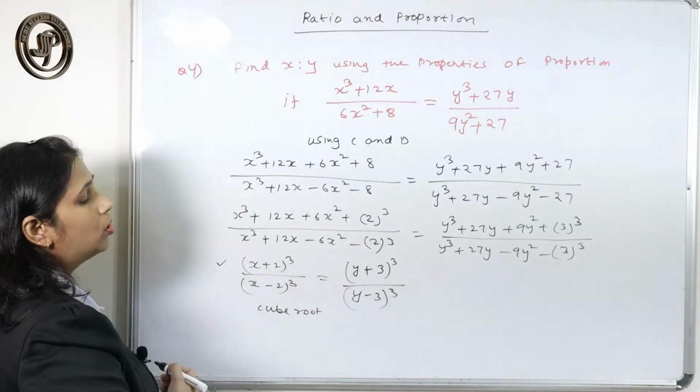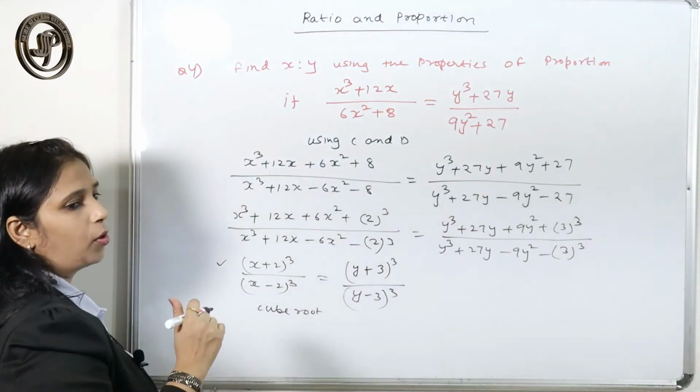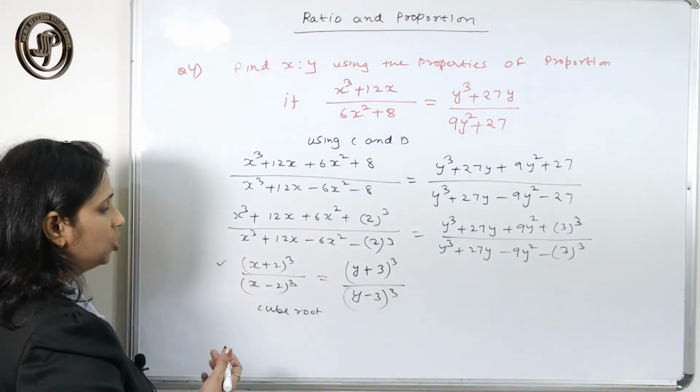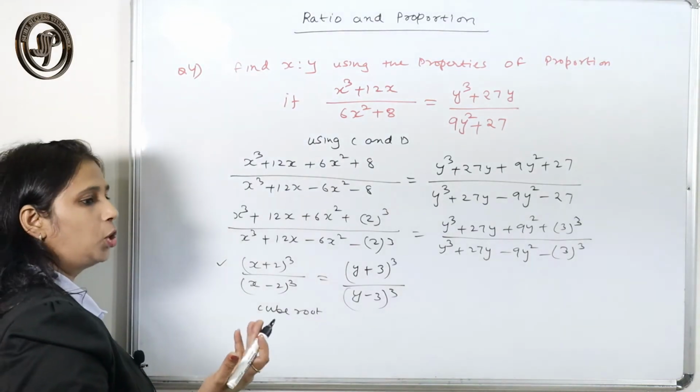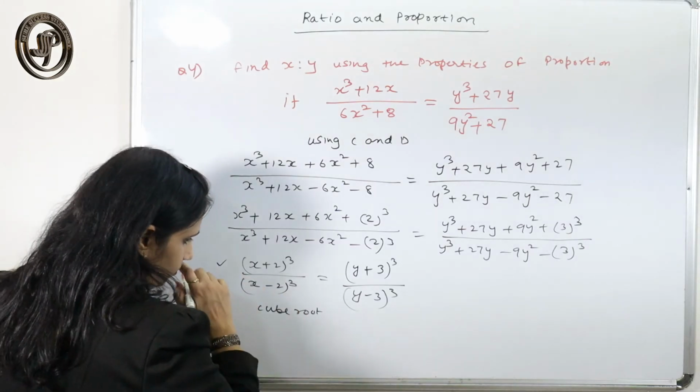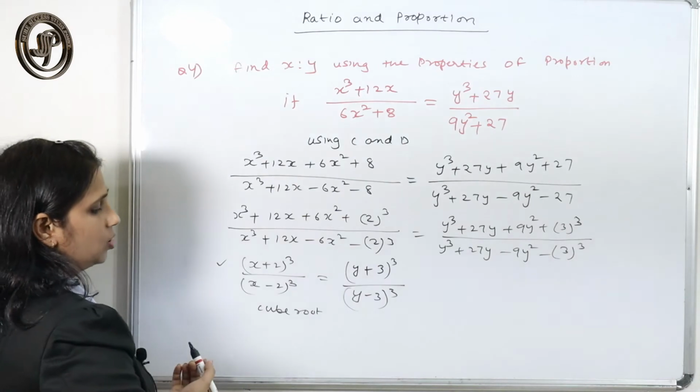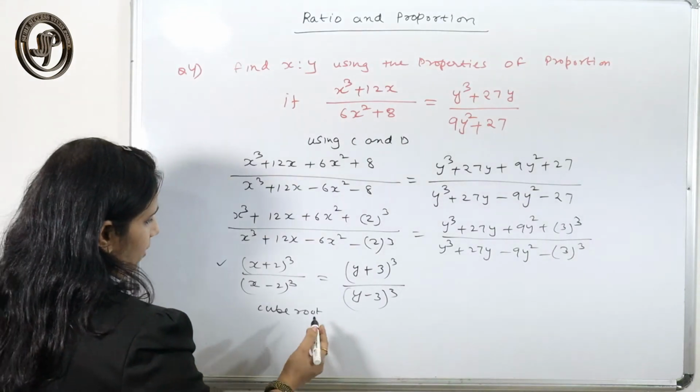When we do cube root, then the negative positive sign will not come as we were getting in square root, because in cube, the cube root of minus 1 is only minus 1.